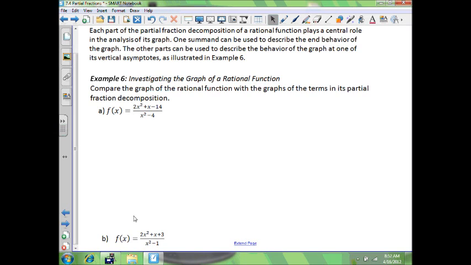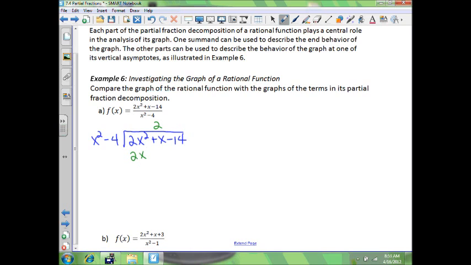Now, in order to do that, because the leading terms in the numerator and denominator have the same degree, in this case squared, we actually have to do polynomial long division first. So we'll do that. Now, x squared goes into 2x squared twice.